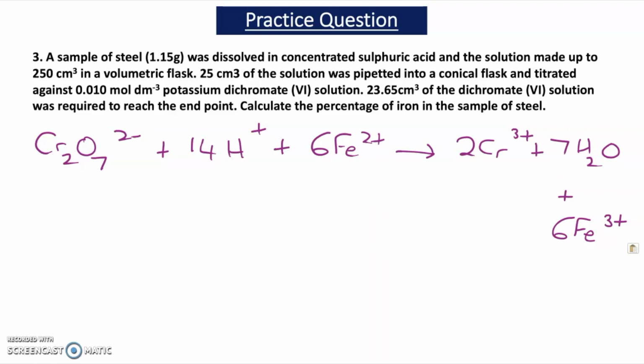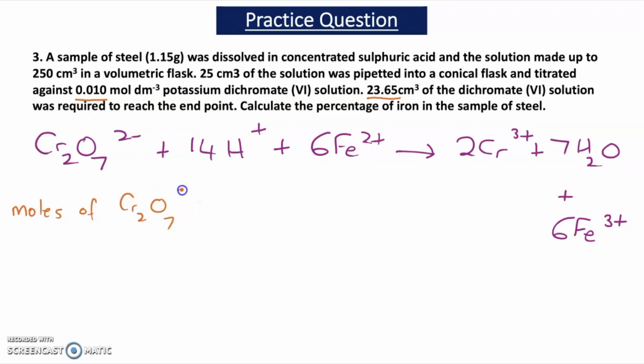So the first thing I need to do here is work out the moles of dichromate solution that was needed to react with the iron. Now I have the concentration of the dichromate and I have the volume of the dichromate.